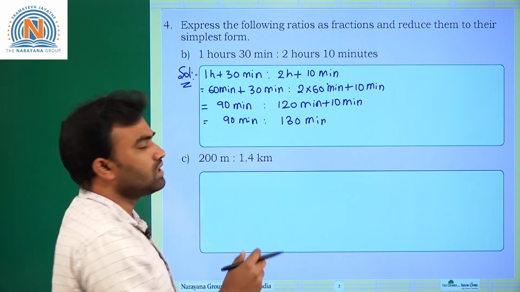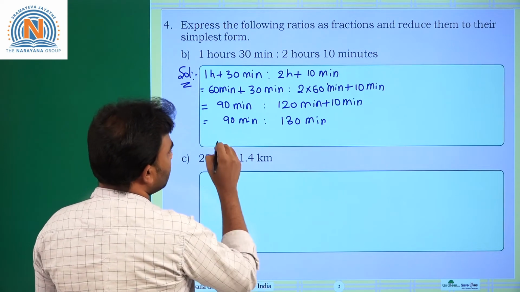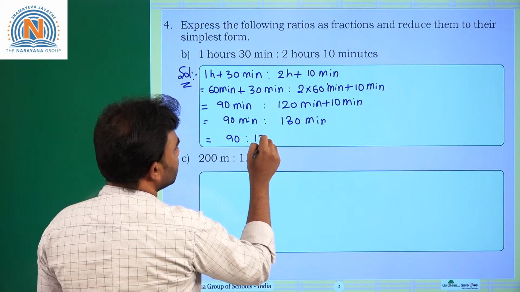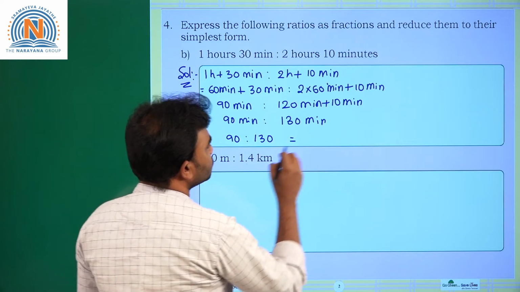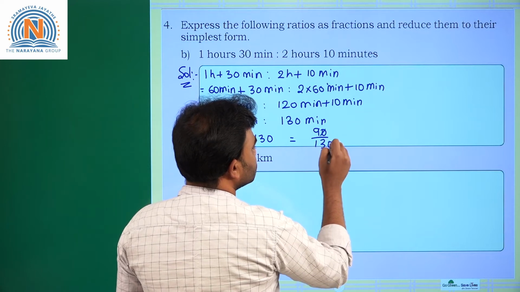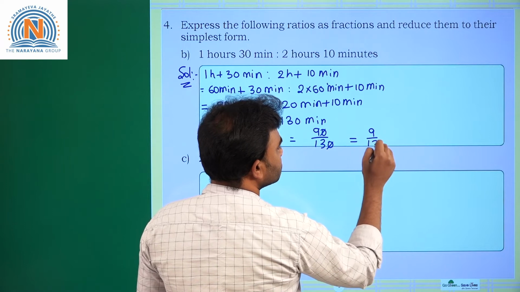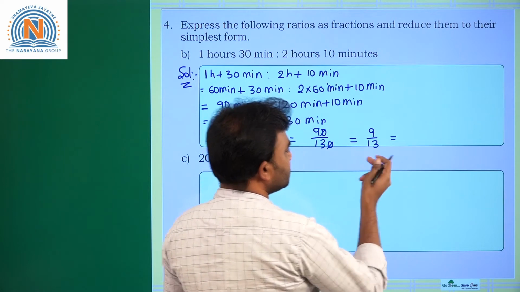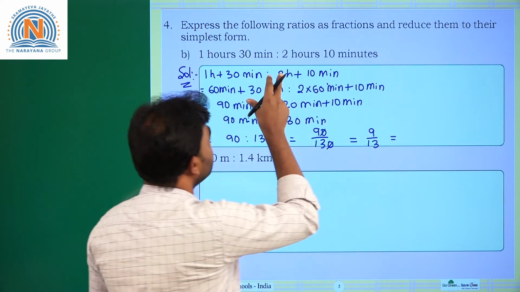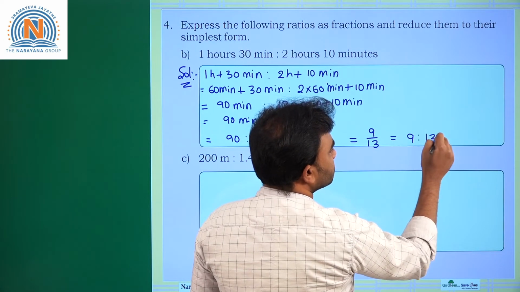Now both terms are in the same units, then the fraction form of 90 is to 130 is equal to 90 by 130, 0 0 cancel, it is equal to 9 by 13. Then this is the simplest form of the given problem. It is also written as 9 is to 13.